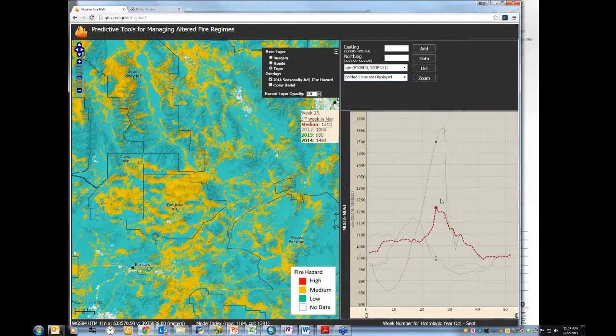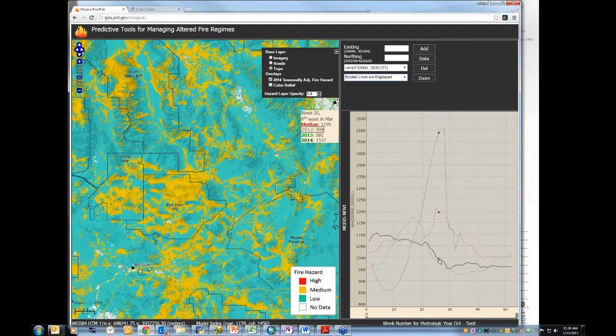That's okay. So in the panel to the right is a dynamic panel that says, okay, for that pixel I just clicked on, the long-term median for that site is the peak generally occurs third week of March, and it's around this value. We see in 2014 for that particular site, which shows us being an elevated fire risk, that the 2014 response is much larger than the long-term median, well above.